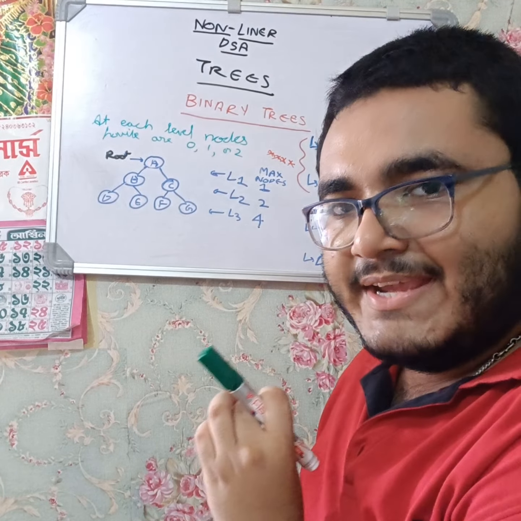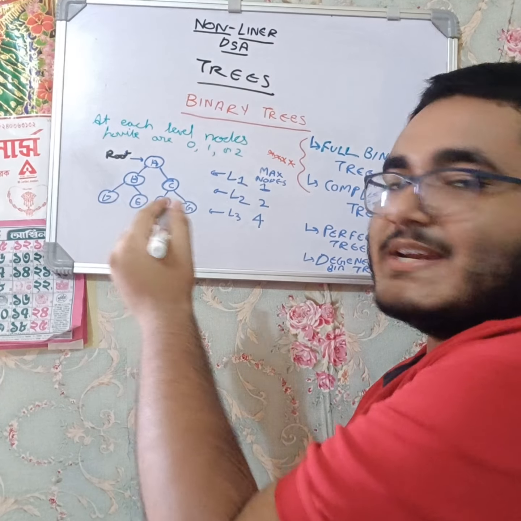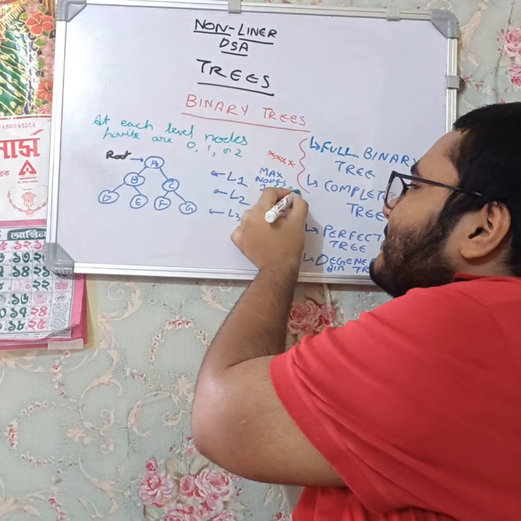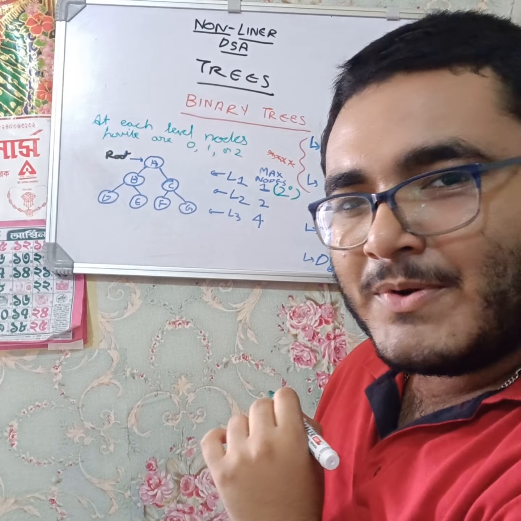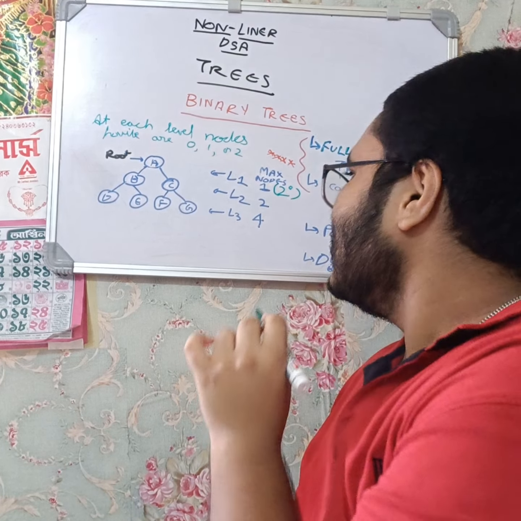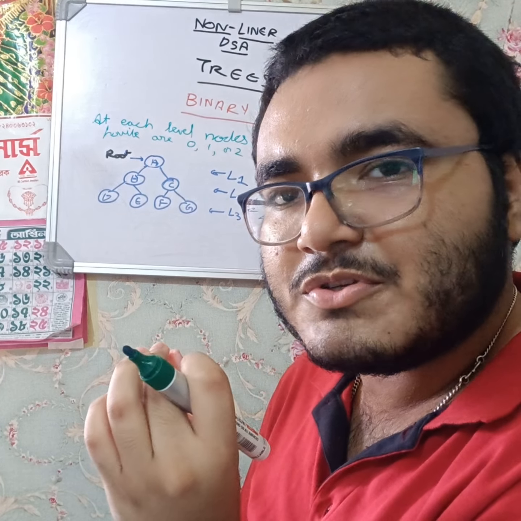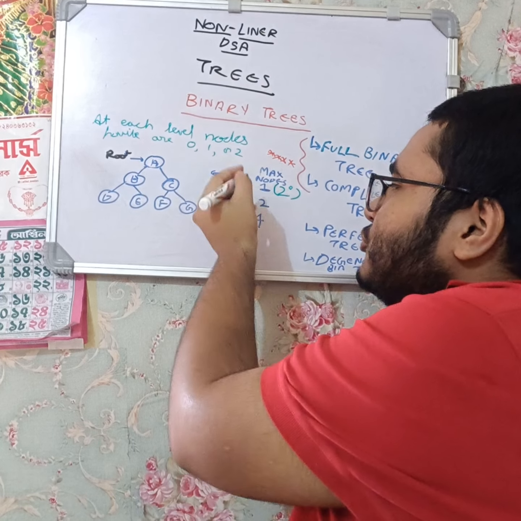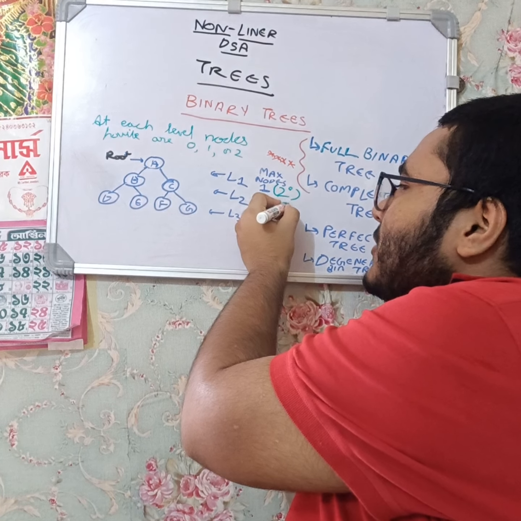Can I now write, at level 1 it is having 2 to the power 0 number of nodes. At level 2 it is 2 to the power 1.